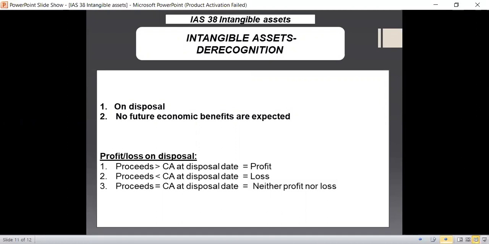And we have to recognize it as our income in our statement of comprehensive income. If the proceeds are less than the carrying amount of an intangible asset at disposal date, then obviously it is a loss, and we again are going to consider it in our SOCI, Statement of Comprehensive Income. Then if the proceeds are equal to the carrying amount of intangible assets at the disposal date, then obviously it's neither a profit nor a loss, which is rarely the case. So in that case, we are not required to recognize any profit or loss.